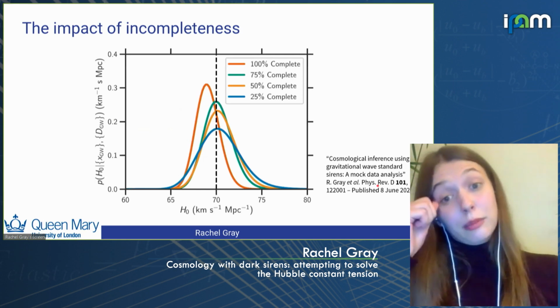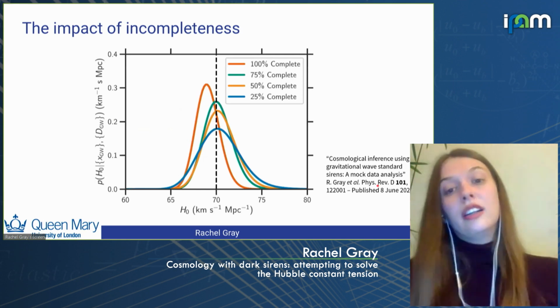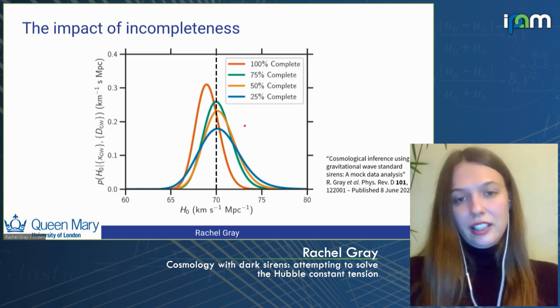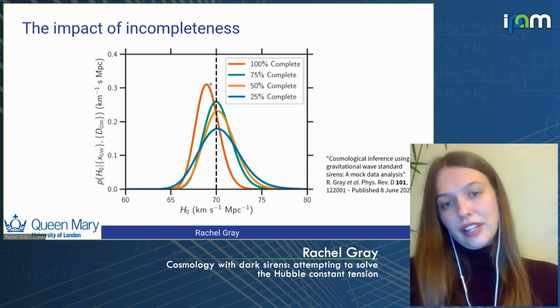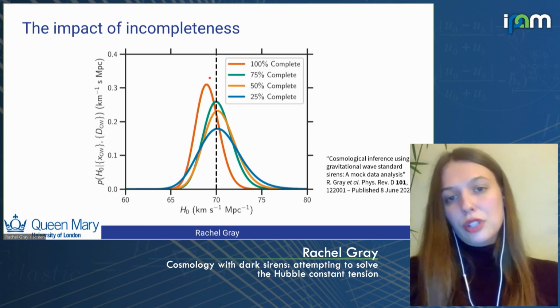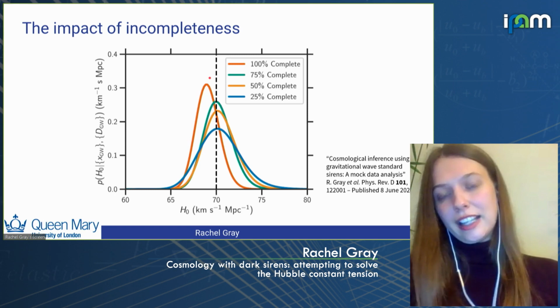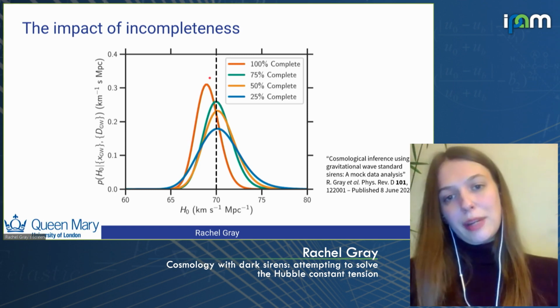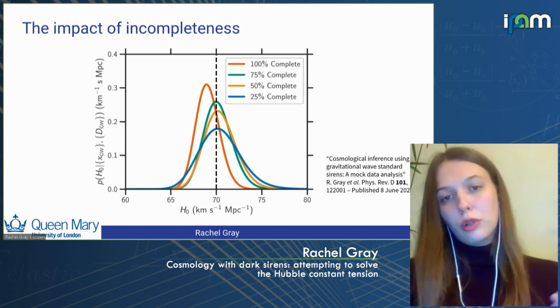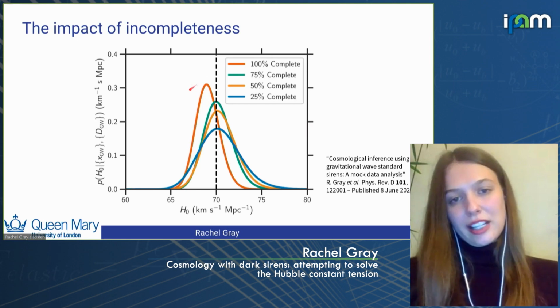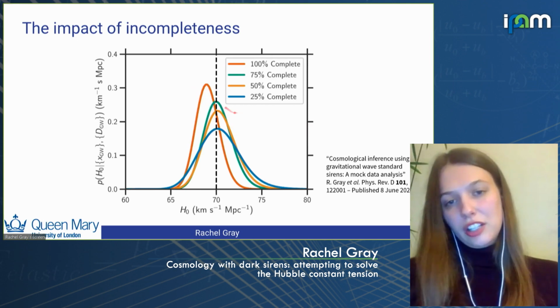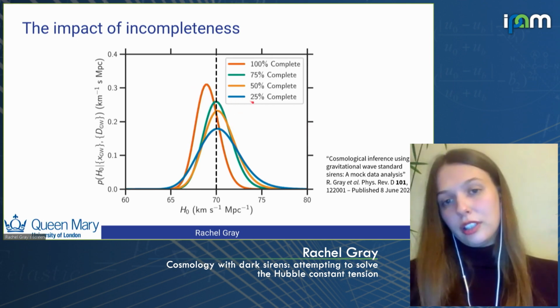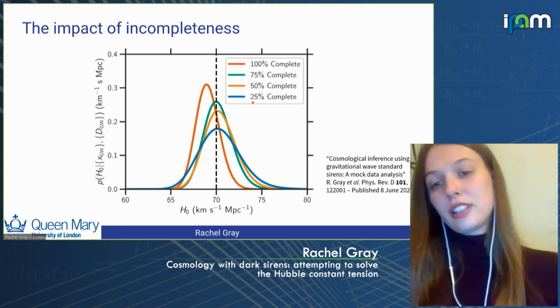And the impact of incompleteness is demonstrated here. Essentially, for the same set of gravitational wave events, if you reduce the completeness of the galaxy catalogue by changing the apparent magnitude threshold to exclude more and more of the galaxies, this demonstrates how your constraint on the Hubble constant changes. Effectively, it gets broader the more galaxies you're excluding.